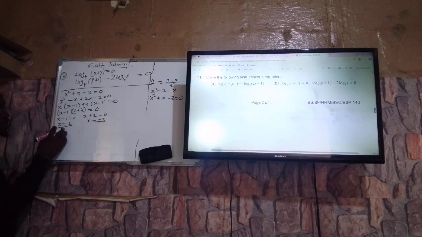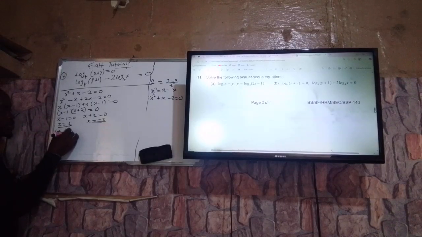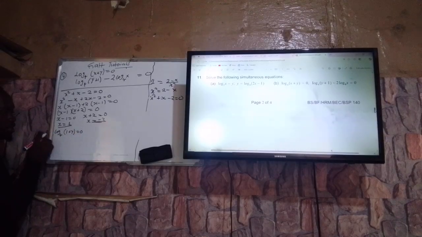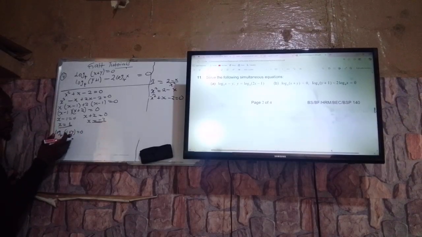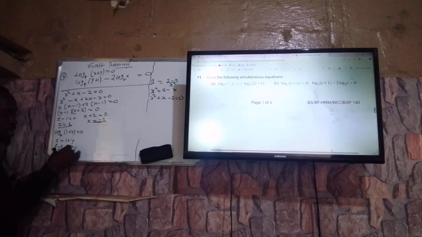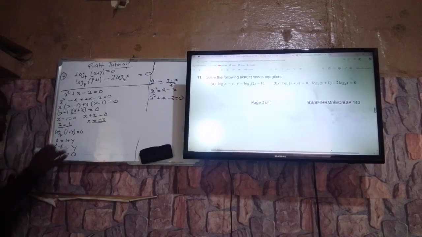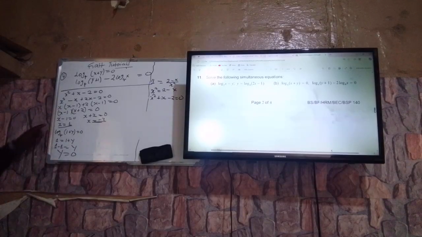So if x is 1, log 4, open bracket, in place of x put 1, plus y should be equal to 0, implying that 4 power 0, which is 1, should be equal to 1 plus y. With this 1 coming to the other side, becomes 1 minus 1 equal to y, so that y is equal to 0.